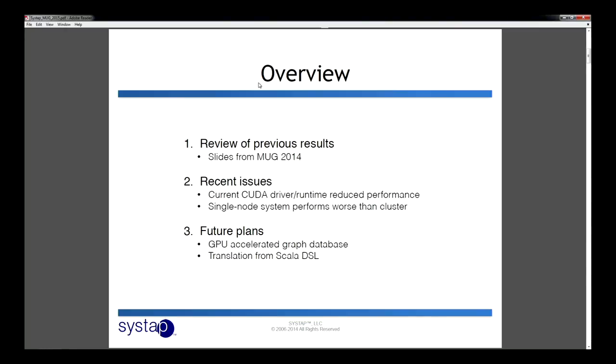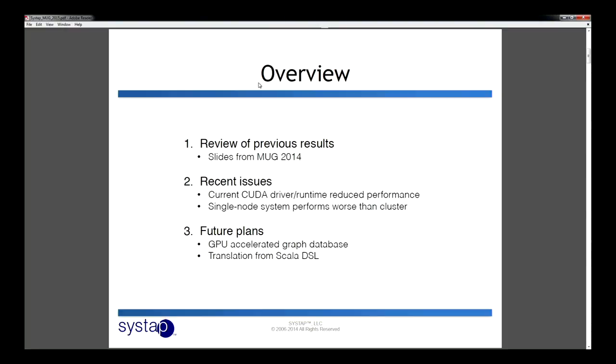And then we also have access to a single node system with 8 GPUs, and we were hoping to get better performance than on the cluster, but the communication with the all local was actually much worse than on the cluster. And then I'm going to talk some more about our future plans at Systap.